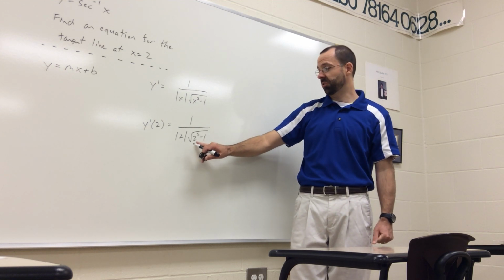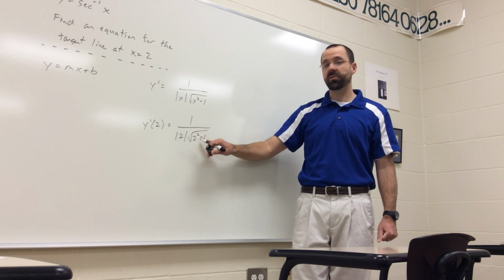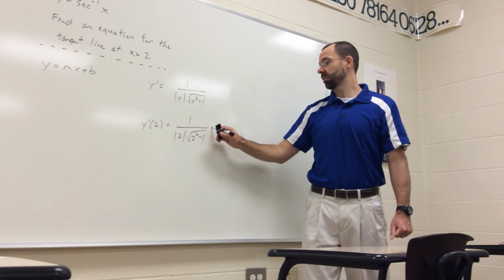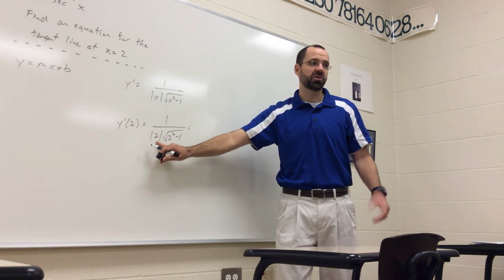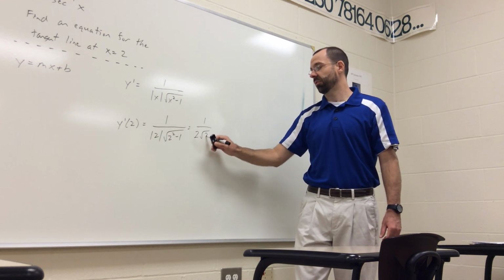Okay, so let's see, 2 squared is 4, minus 1 is 3. So this is the square root of 3. And of course the absolute value of 2 is just 2. So this is 1 over 2 times the square root of 3.